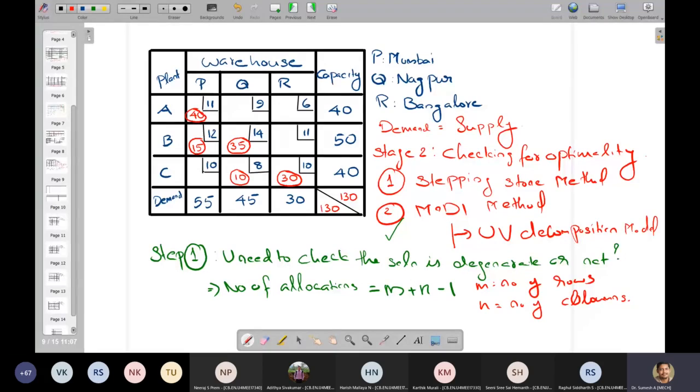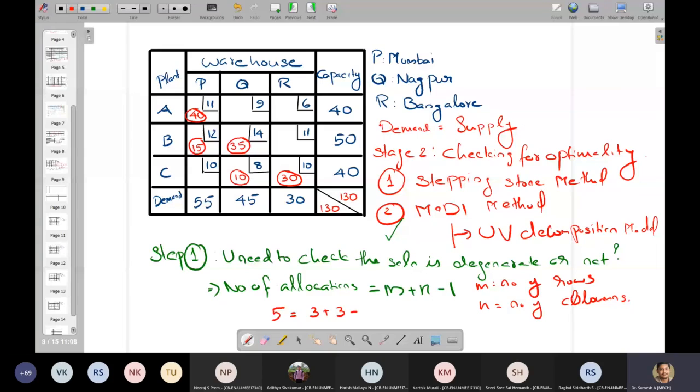So 5 is equal to what? The value of m is 3 and n is 3, so 3 plus 3 minus 1 is 5. So 5 equals 5. So the initial solution is non-degenerate.